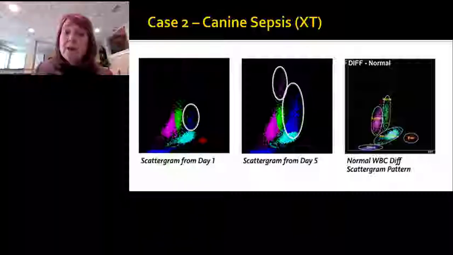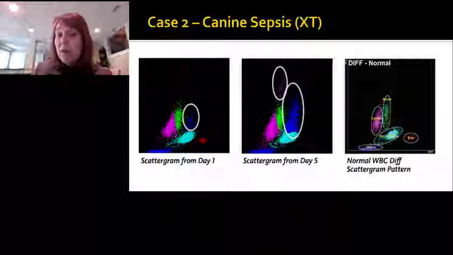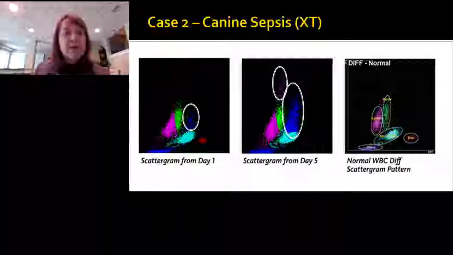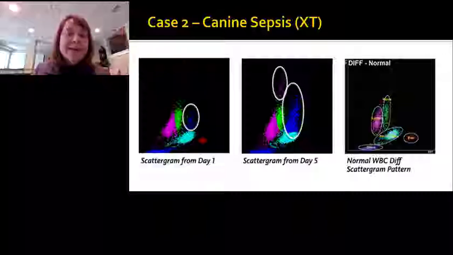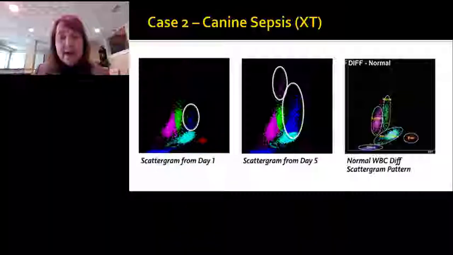And that might make us question whether this animal has such a pronounced left shift that there might be presence of blasts. Again, you're only going to really resolve this through a microscopic differential, but it is consistent with the actual diagnosis of this animal, which is sepsis.